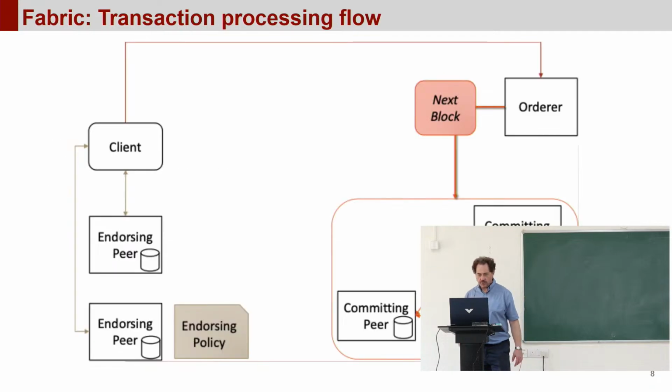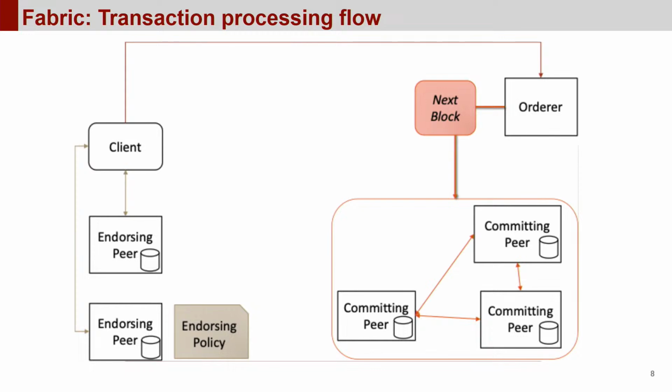So let's take a look at the processing flow. Again, you have a client, you have peers, and you have an orderer. However, peers are actually divided into several categories. You have an endorsing peer, and you have a committing peer. It starts with the client sending a transaction. To whom does it send the transaction?